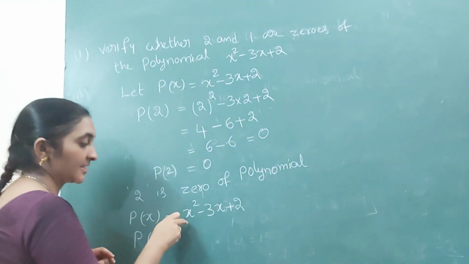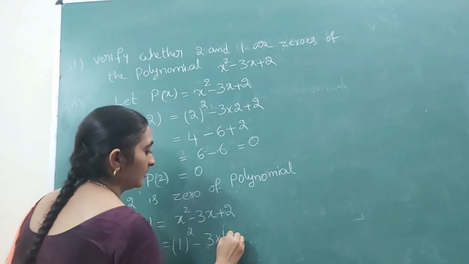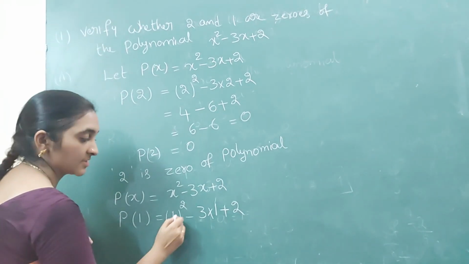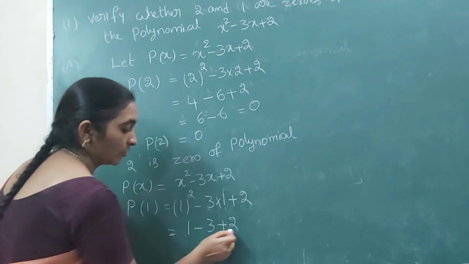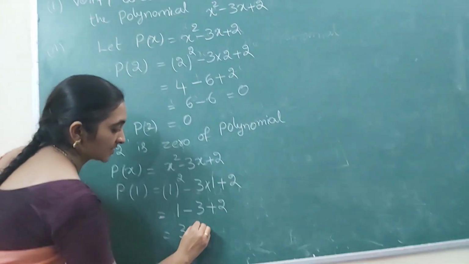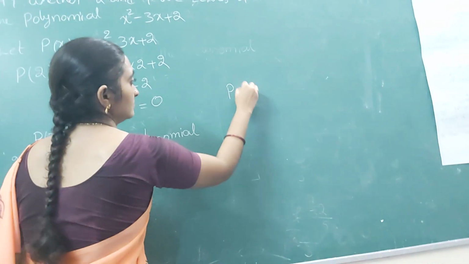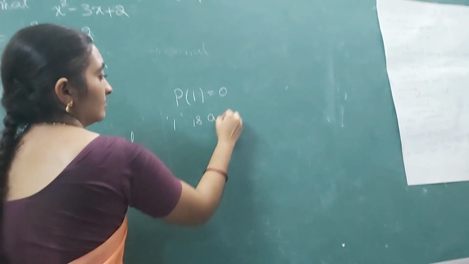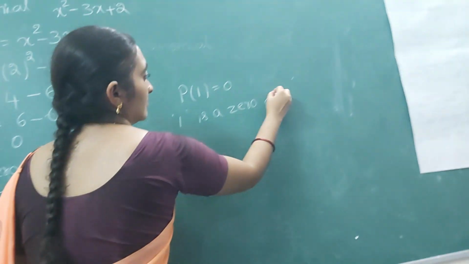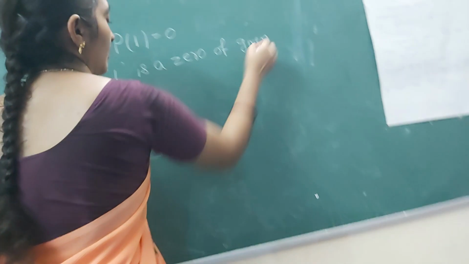That means replace x by 1. 1 squared minus 3 into 1 plus 2. That means 1 squared means 1 minus 3 ones are 3 plus 2. 1 plus 2, 3 minus 3. That means we get 0. So p of 1 is equal to 0. That means 1 is a zero of the given polynomial.